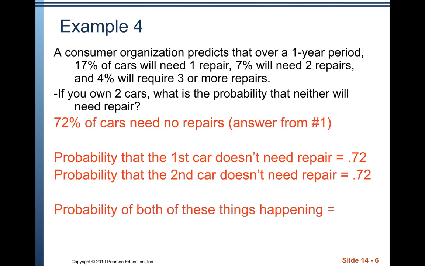So to find the probability of both of these things happening, the first car and the second car not needing repair, the key word there being and, I'm going to multiply those things together. 0.72 times 0.72. If I multiply those things together, I get 0.52.